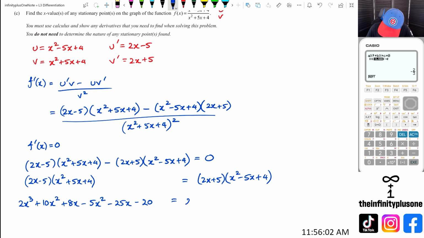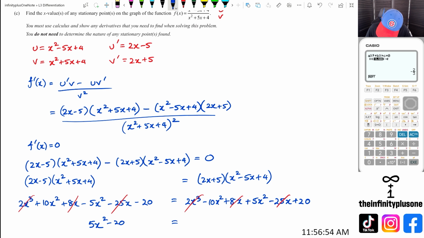And on this side, 2x cubed minus 10x squared plus 8x plus 5x squared minus 25x plus 20. Okay, so let's start canceling things out. 2x cubed disappears. 8x and 8x disappears. Negative 25x disappears. And I've got negative 5x squared minus 20 equals, hang on, let's just do this. That's going to be positive 5x squared minus 20.